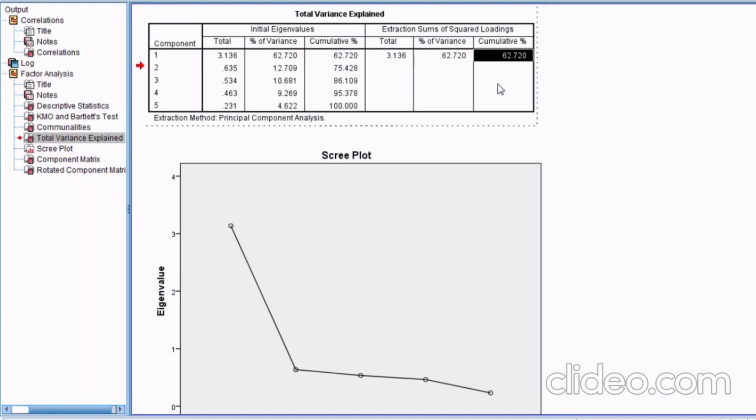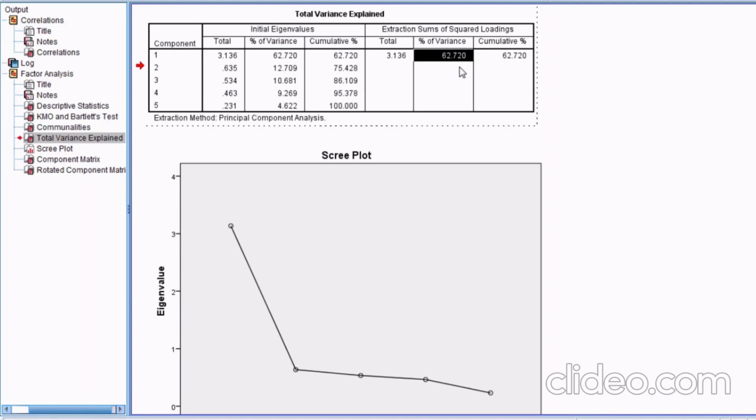So the results of this rule indicate that we want to have one component only. In other words, we reduce those five variables to one variable only, or that one component from this perspective does a pretty good job at explaining the relationships between SWLS1 to 5.